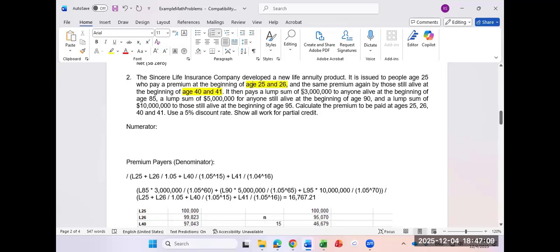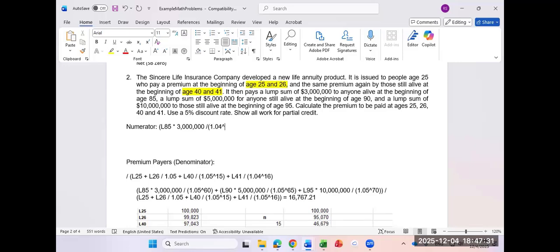It then pays a lump sum to anyone alive. So that's not a D, is it? So the numerator is going to start with an L. Which L is it? At the beginning of age 85, times how much? 3 million, divided by 1.04 raised to the what?